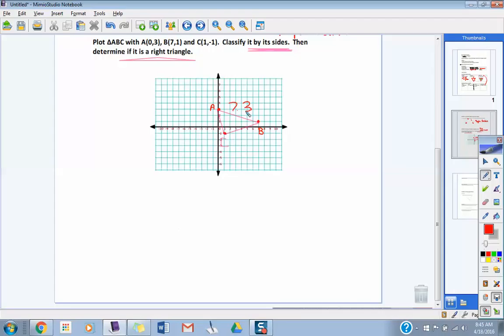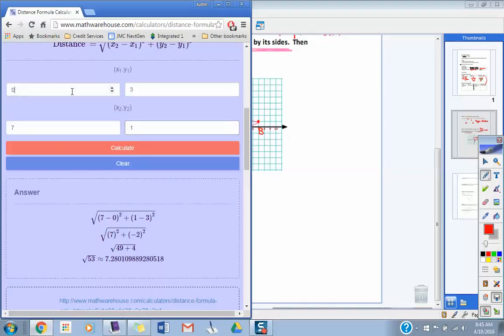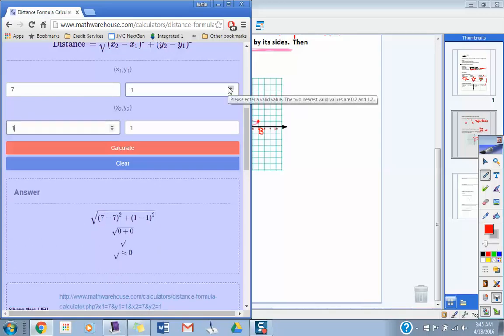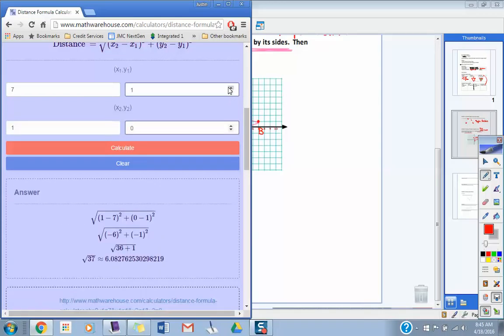Kinsey, have you got a distance from B to C? It's not working? Well, let mine work here then. What are the values again, guys? Help me out. 7, 1, and what else? 1, -1.